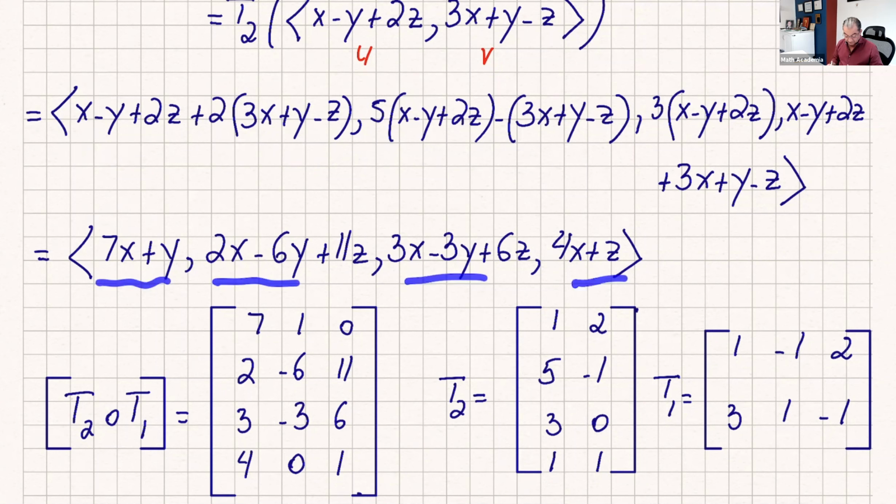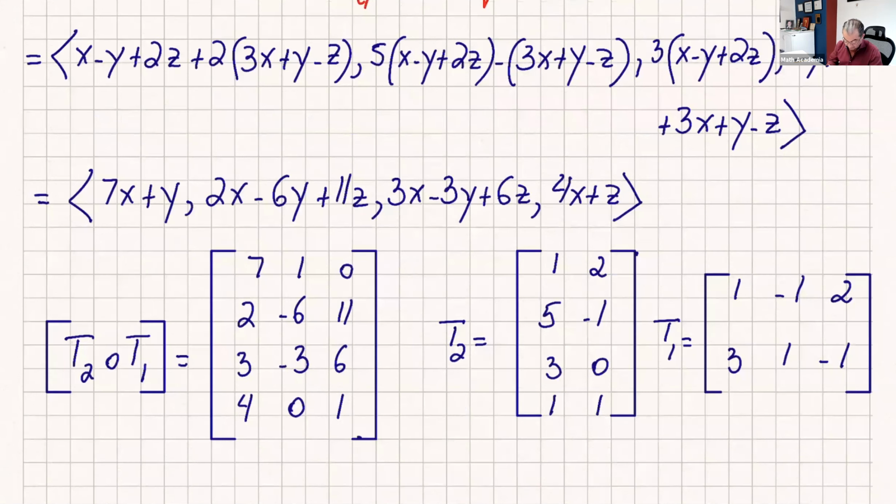So if you write the matrix for this one, we have again x, y, z. So for x, we have 7, 2, 3, and 4.